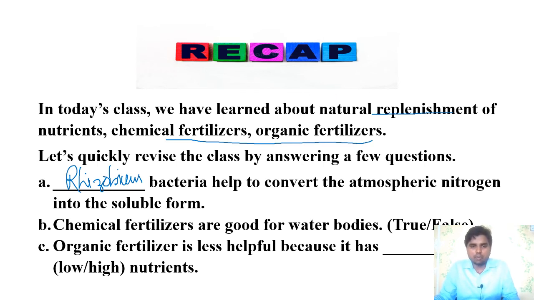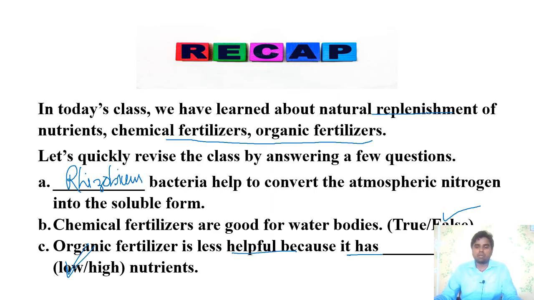Chemical fertilizers are good for water bodies. Is it true or not? It is false. It is not good for water bodies because it can harm the ecosystem present in the water bodies. Organic fertilizer is less helpful because it has low nutrients in it.